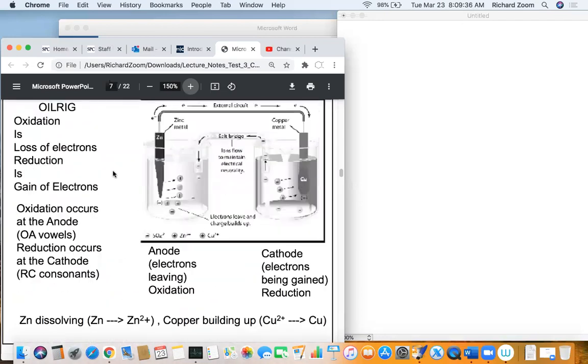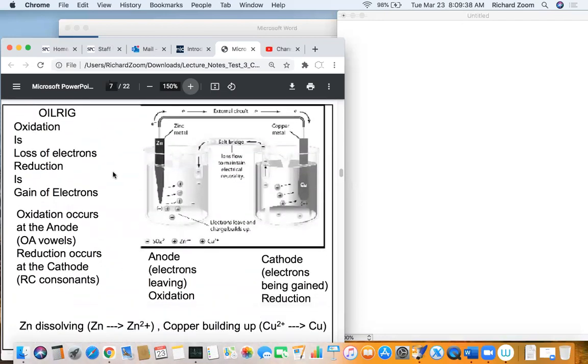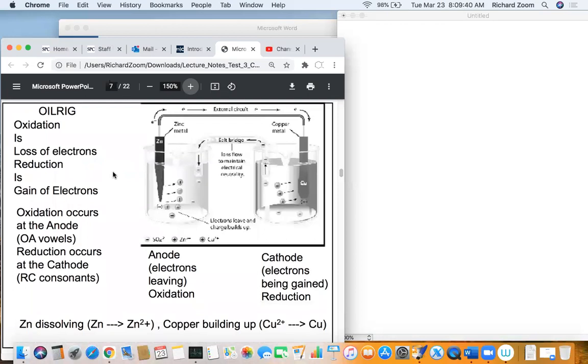So let's talk about what we mean by anode and cathode. There's two situations that are occurring while we're doing the cell. One is called oxidation, the other one is reduction. In order to remember what oxidation and reduction consist of, I like to use this mnemonic. It's called OIL RIG. Oxidation is loss of electrons, reduction is gain of electrons.